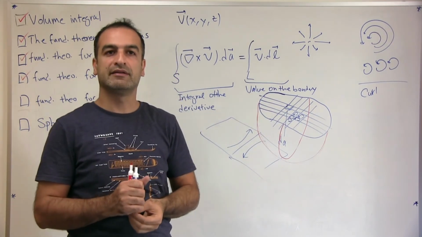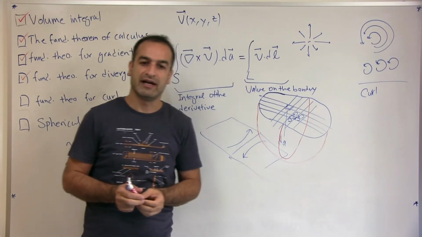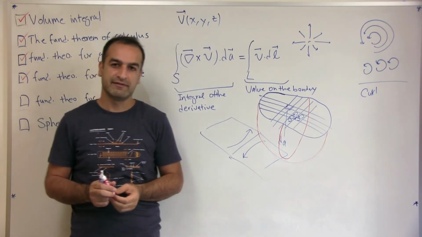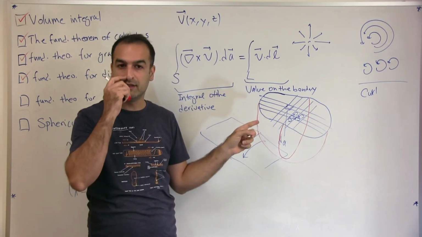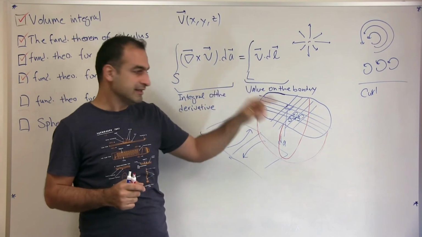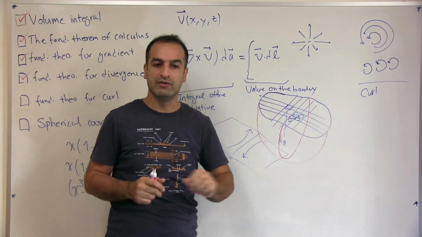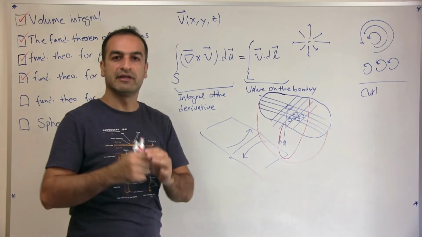This is something that we use in magnetism. If you integrate the magnetic field over an area or patch like this, the result is going to be equal to the line integral of the magnetic field over this loop, no matter how big the area was. As long as the loop is defined, you get the answer.